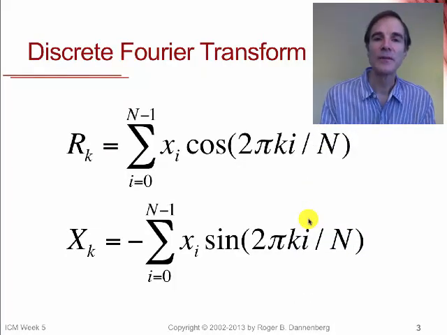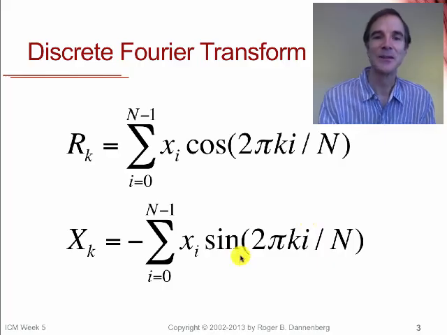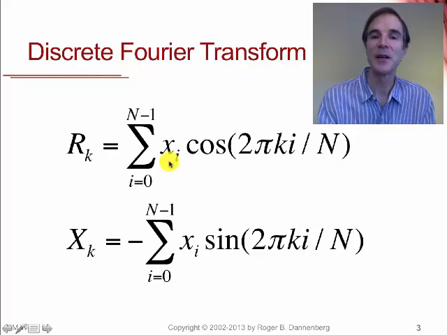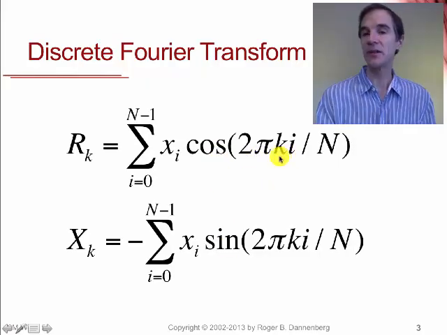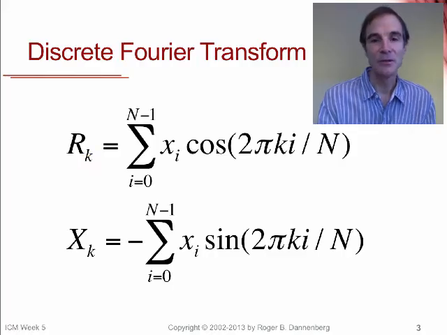So remember, the Fourier transform looks like this. We're taking the signal x sub i, multiplying it by cosines and sines of different frequencies. Those frequencies are controlled by this parameter k, which is an integer index for these coefficients.